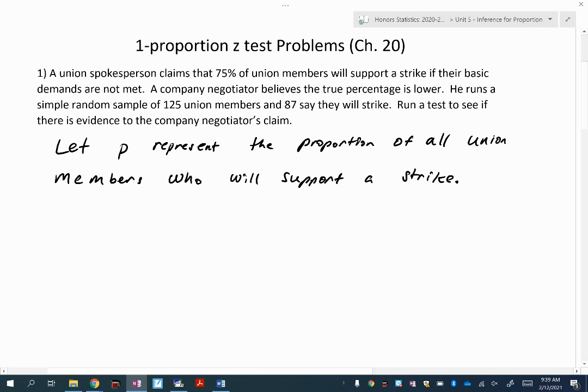Okay, what is next? What do we have to do after we define the parameter? Very good, the hypotheses. So what are we going to use for our null hypothesis? What do we think right now is the best idea for the proportion of union members who will go on strike?